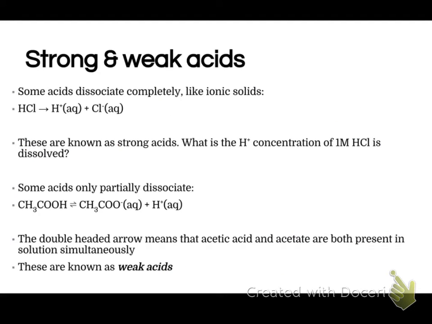Okay, so now in the lab, we did an example where we had HCl, and that was a strong electrolyte. It lit the bulb up completely. The reason for that is that HCl counts as a strong acid, which means that it dissociates completely. Dissociate literally means to separate.